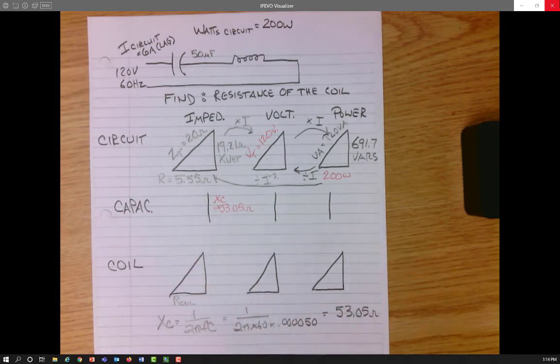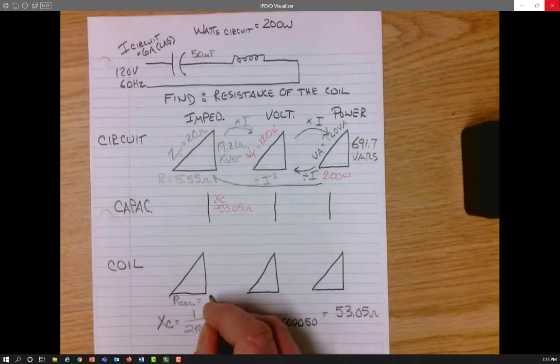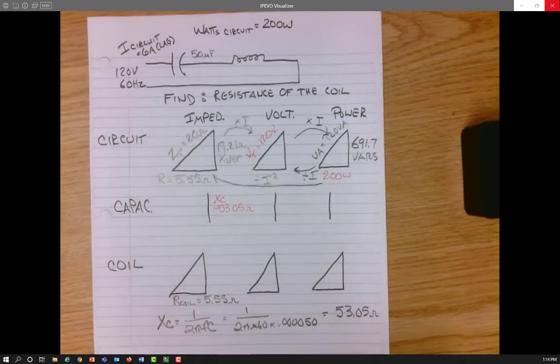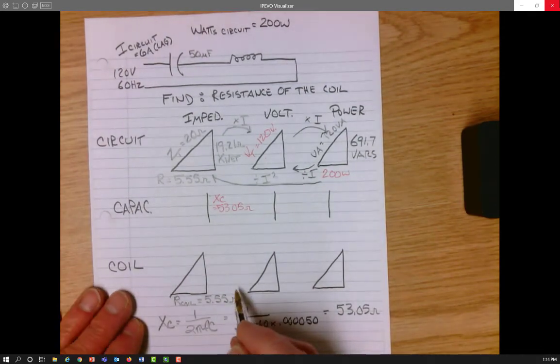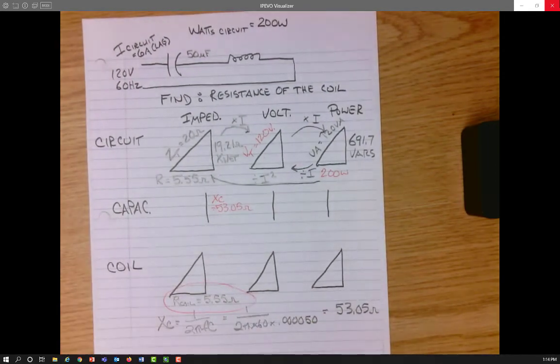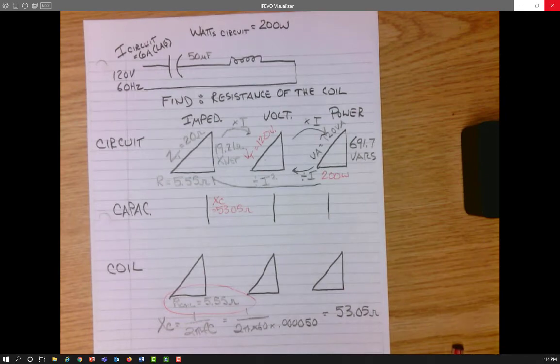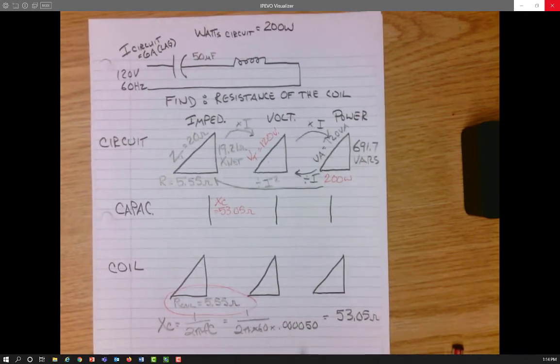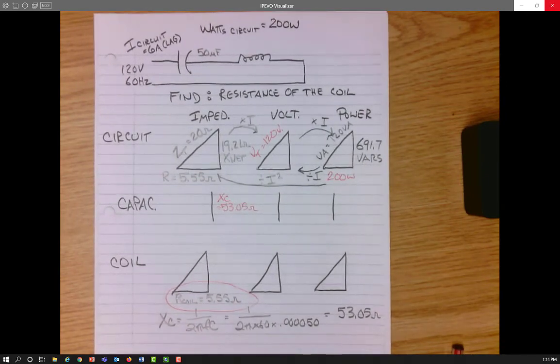It's the only thing that has resistance. So our coil resistance is 5.55 ohms. And that's the value we were looking for in the circuit. Okay?